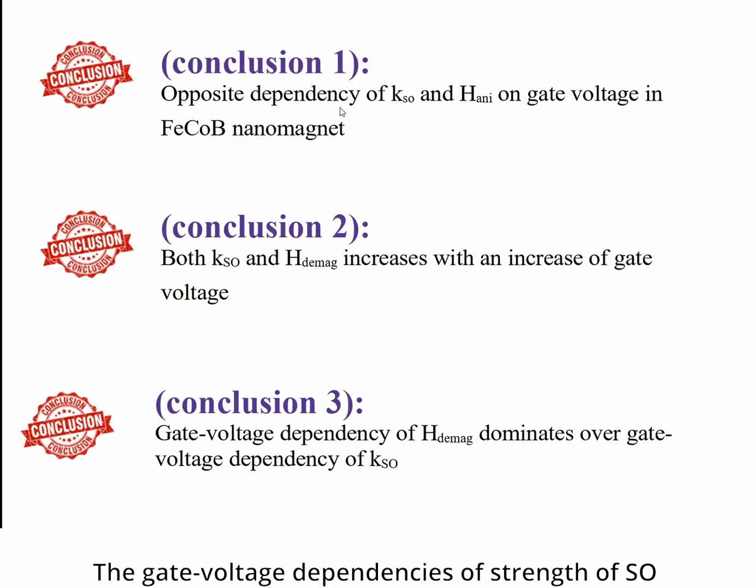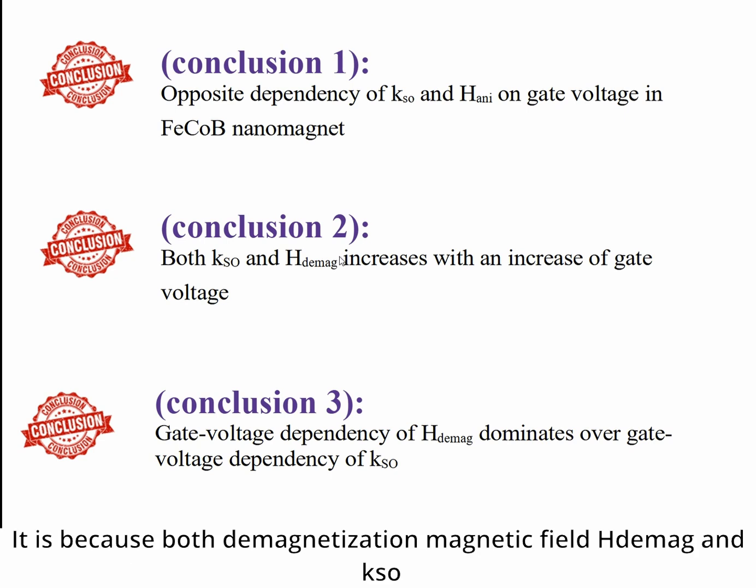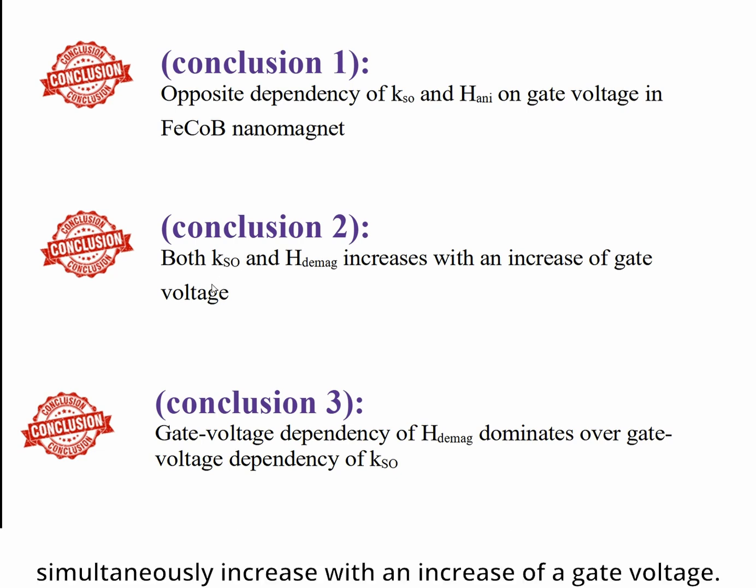In conclusion, gate voltage dependencies of strength of spin-orbit interaction and anisotropy field are measured and found to be opposite. It is because both demagnetization magnetic field and coefficient of spin-orbit interaction simultaneously increase with an increase of gate voltage.